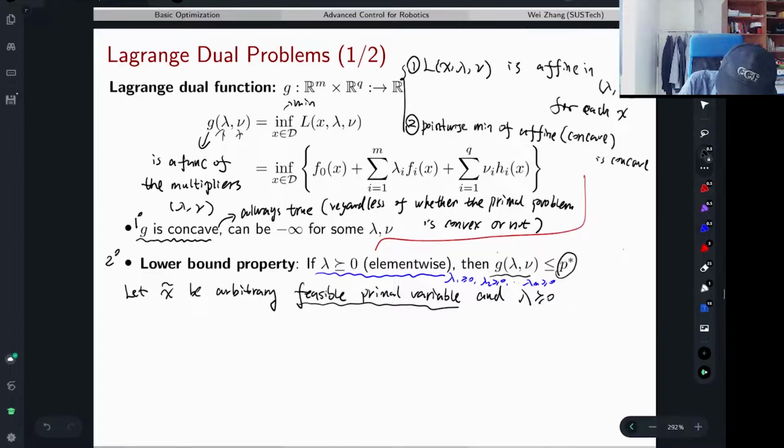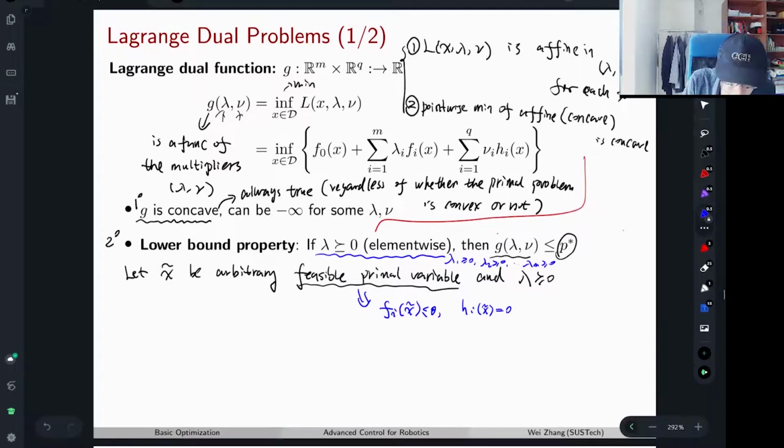And primal feasible. What I mean by this is, as I mentioned before, that x tilde satisfies the inequality constraint, f_i of x tilde less than or equal to 0, and also satisfies the equality constraint, h_i of x tilde equal to 0. Suppose that's a feasible solution, then I can say the cost of this is always bigger or equal to L of x tilde, lambda and nu.